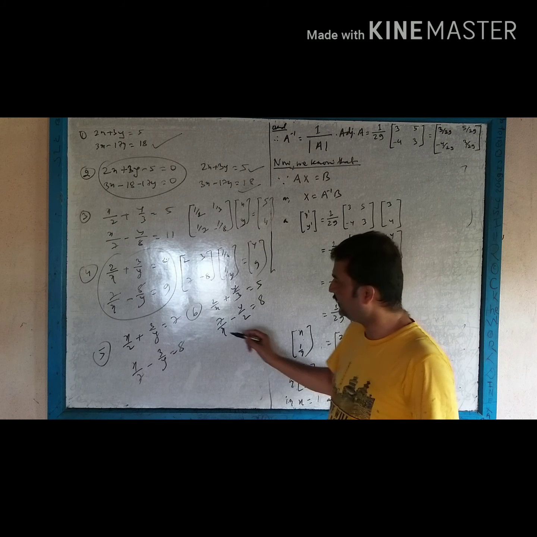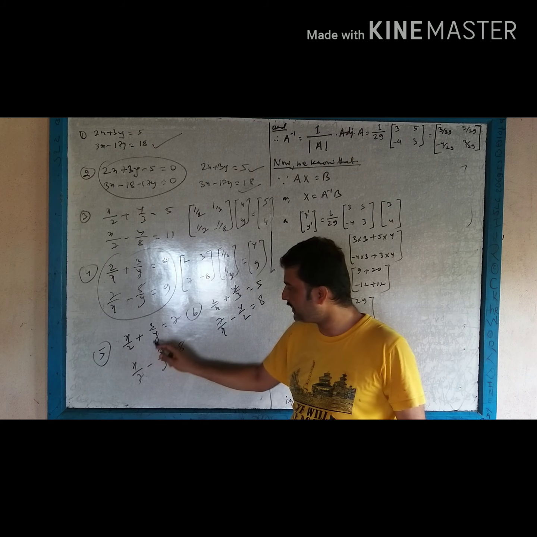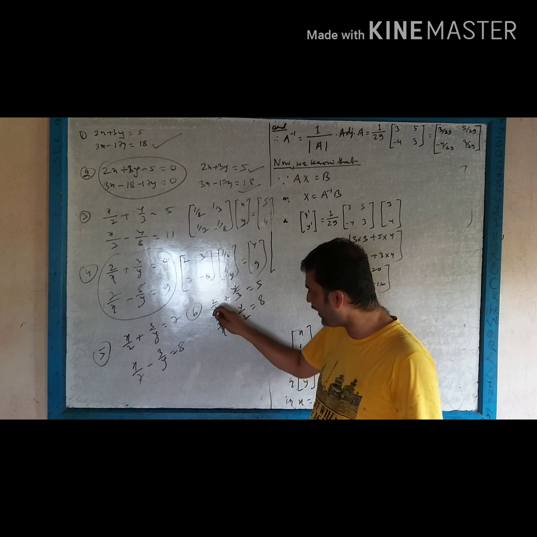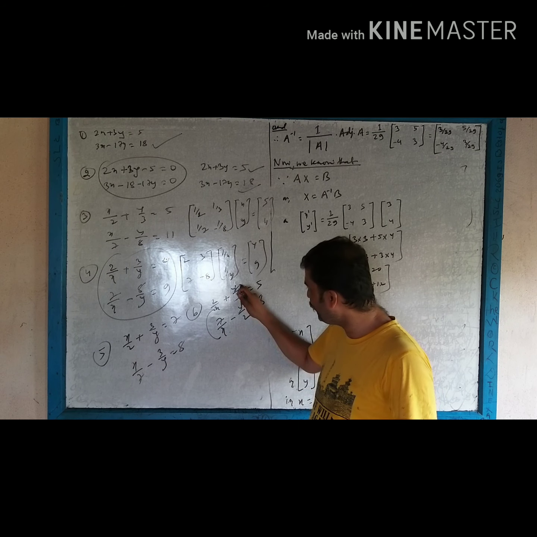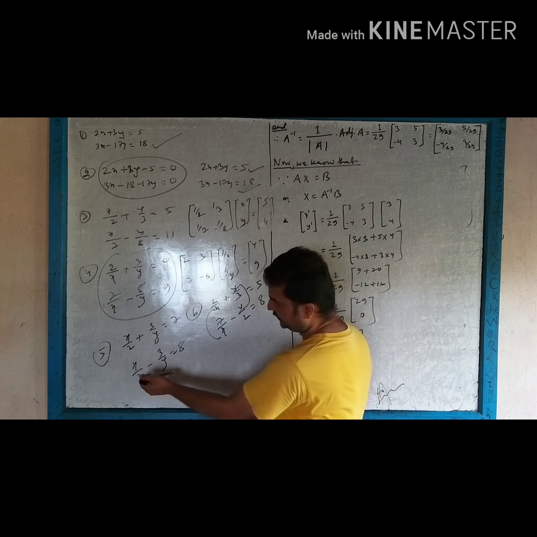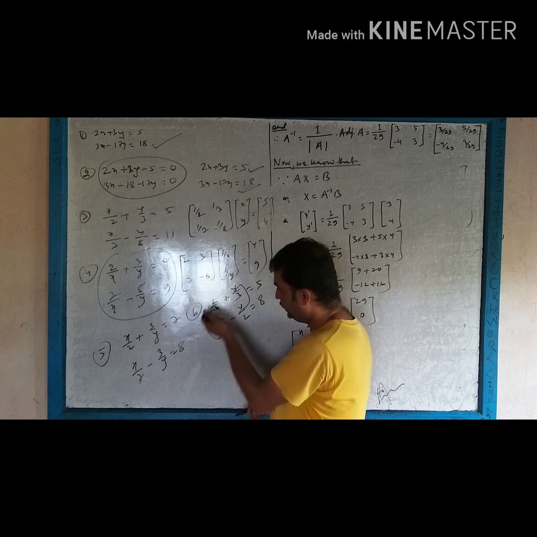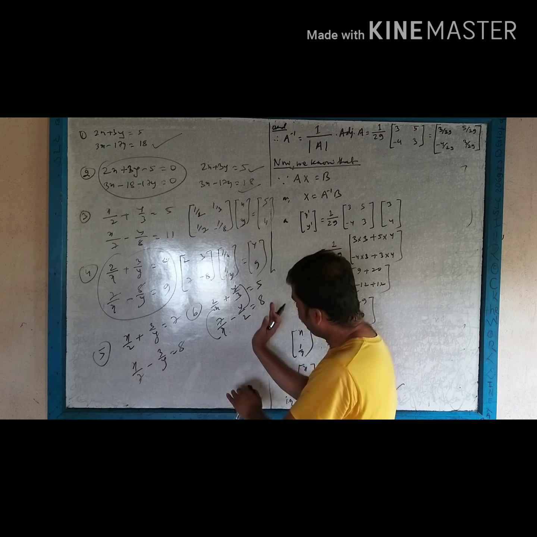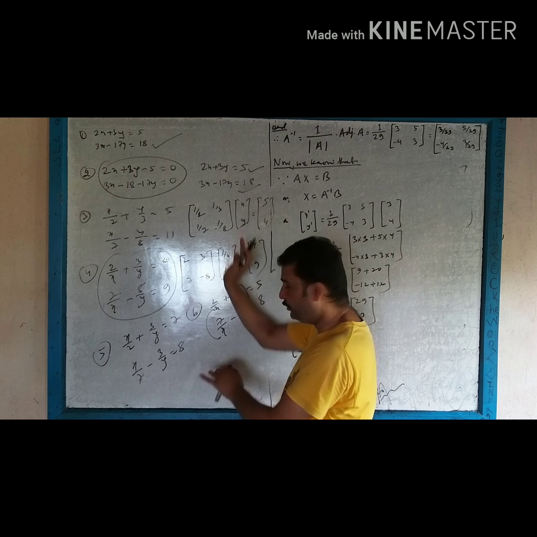Here we have x in the numerator place and y in the denominator place. Here we have x in the denominator place and y in the numerator place. Here now x is below, y is above, in the numerator.